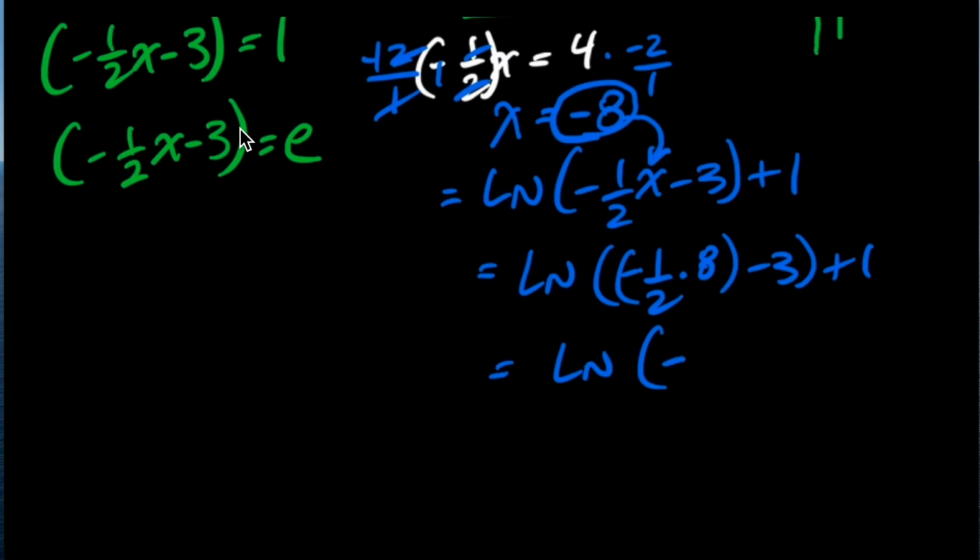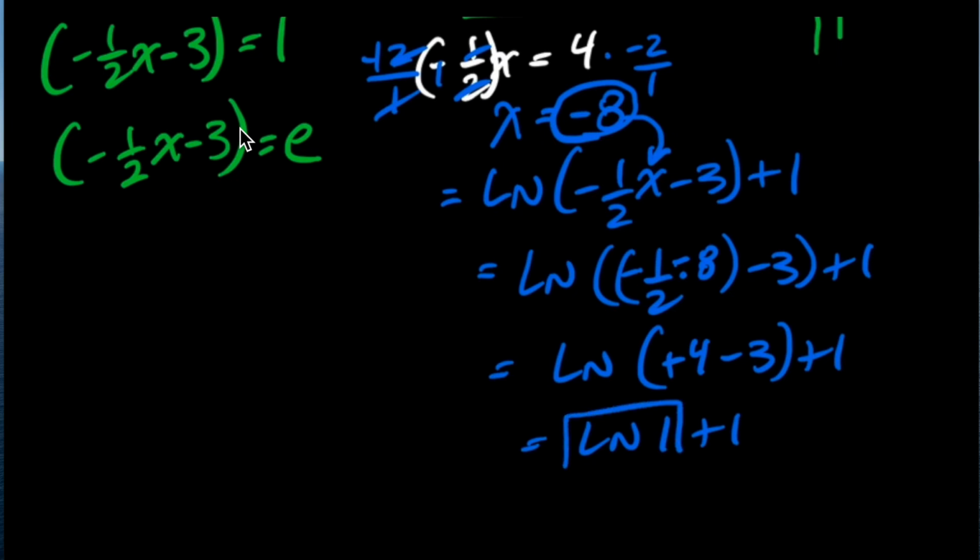Natural log of positive 4 minus 3, plus 1. Natural log of 1 plus 1. The log of 1 is always 0. Therefore, our first point is going to be negative 8, comma, positive 1.